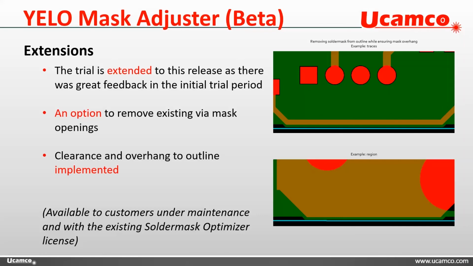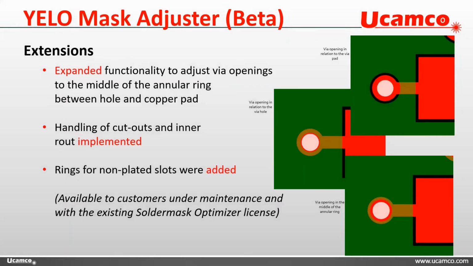The clearance and overhang to outline was implemented. We expanded the functionality to adjust wire openings to the middle of the annular ring between a hole and the copper pad. And the handling of cutouts and inner route was implemented. Rings for non-plated slots were added too.